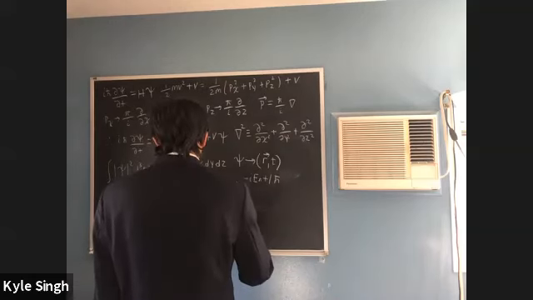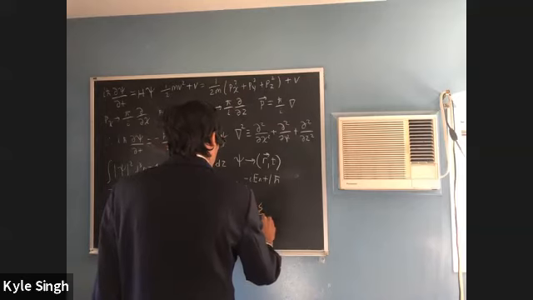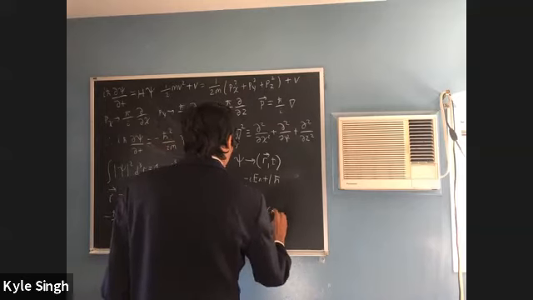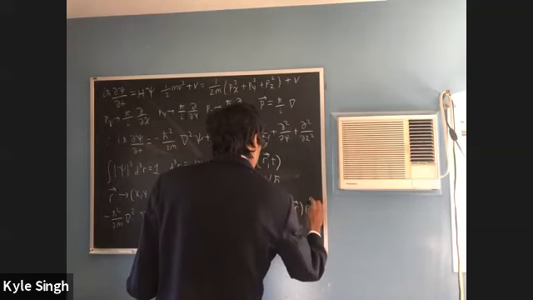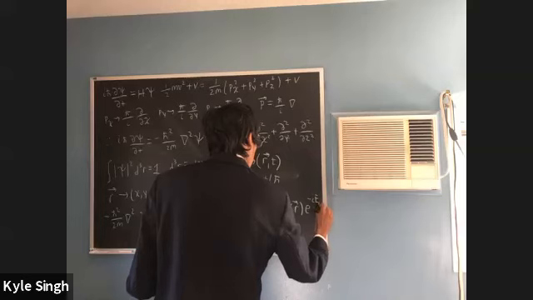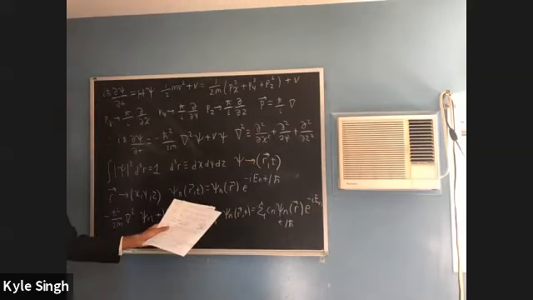And now I can rewrite any general solution, just to really hammer this home, psi of r and t as some sum over Fourier coefficients, e to the minus i E_n t over h bar. So again, this is a Fourier series.